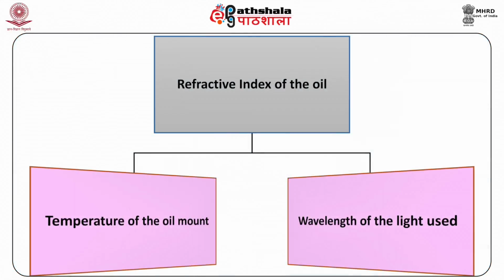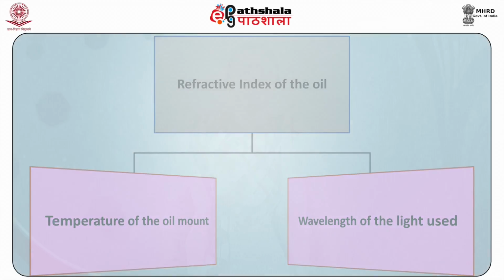For noting down the observations, the refractive index of the oil was kept on changing by varying the temperature of the oil mount and also the wavelength of the light used for this method, until the Becke line disappeared and there was a minimum contrast between the glass and the liquid medium.